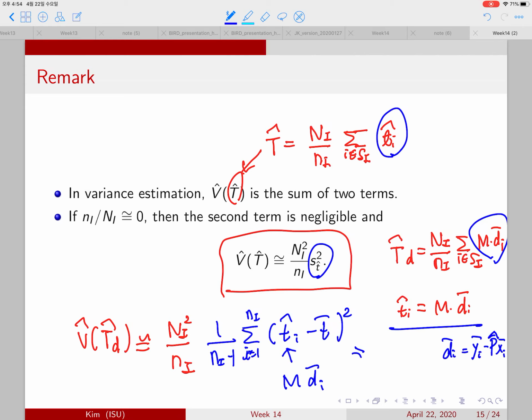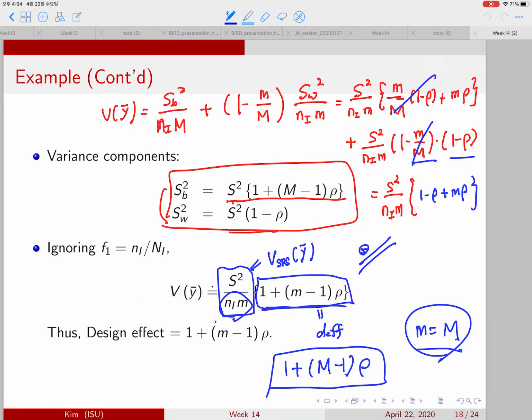So in the end, your formula is like N squared, m can go outside, over n minus 1, and then apply d bar i, that is, y bar i minus p hat x bar i squared. So that's exactly what we have here.